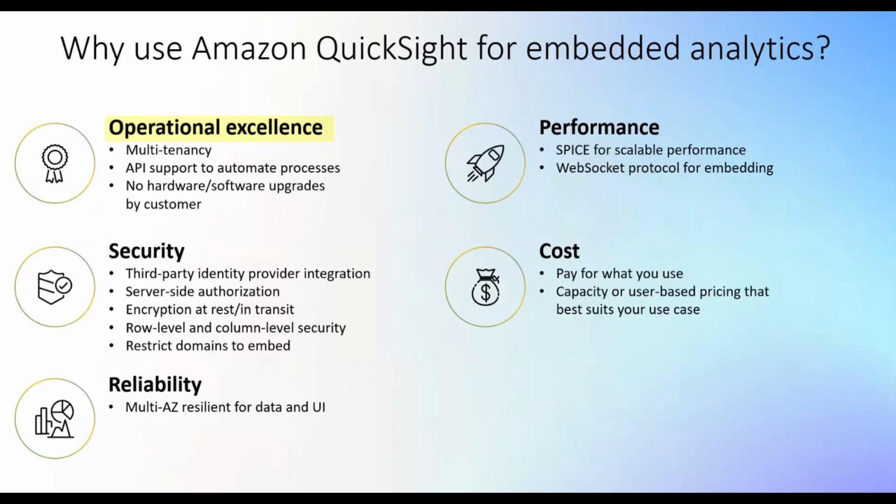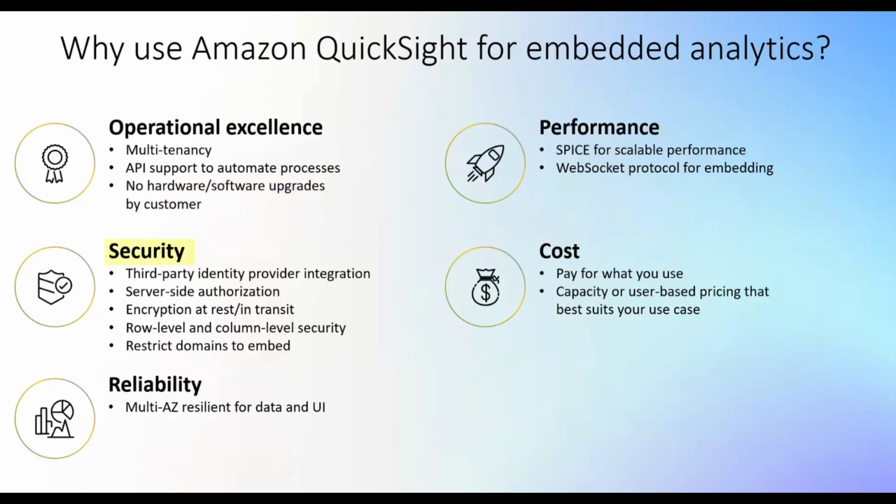Mainly when it comes to our independent software vendors and enterprise customers, we see multi-tenancy requirements, and QuickSight offers multi-tenancy out of the box, which can be used to operate at a larger scale, right? Next, API support to automate processes, where literally every single action can be automated through APIs. There are no hardware or software upgrades, which means you're operationally up to date with the software.